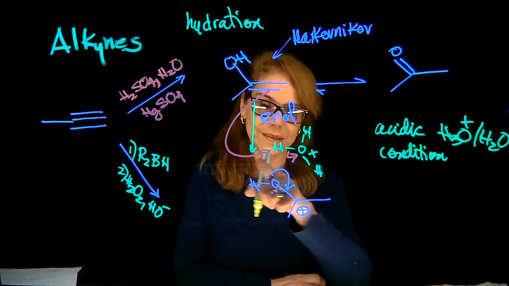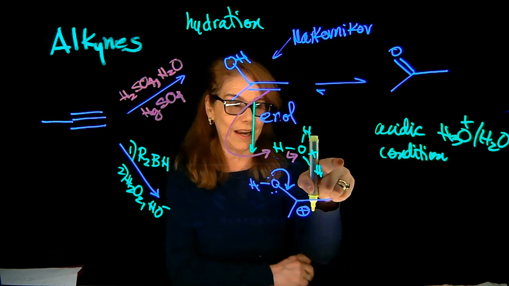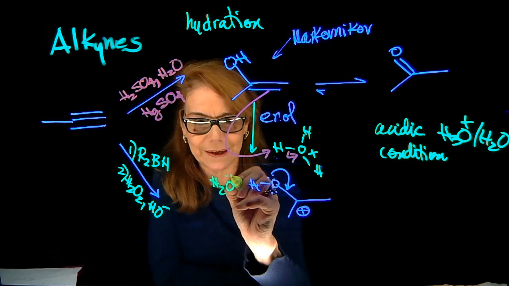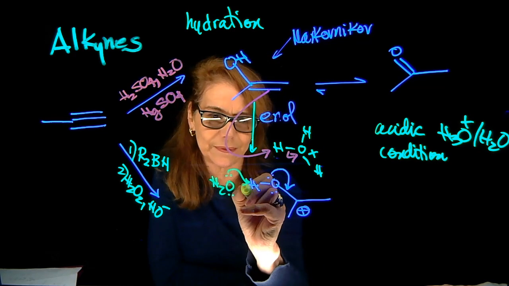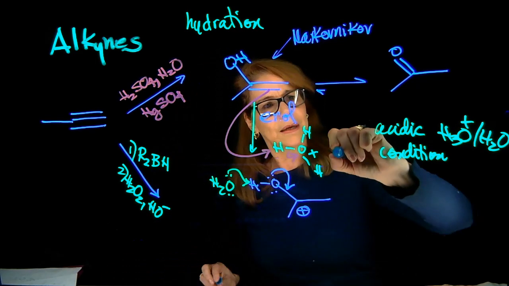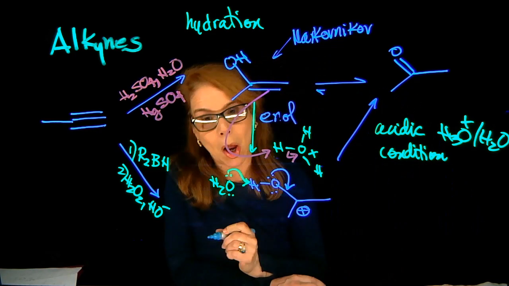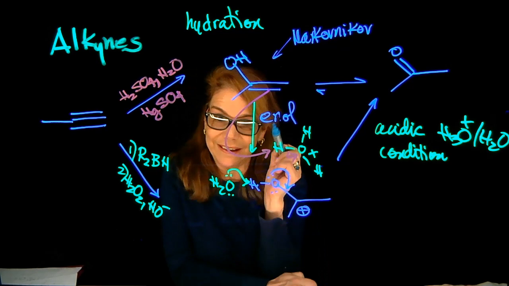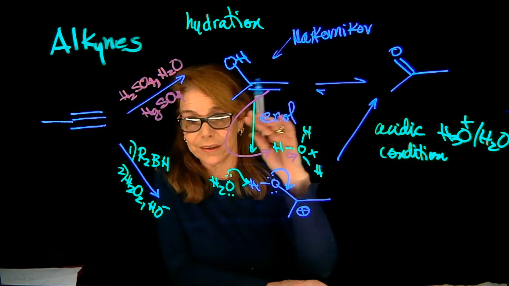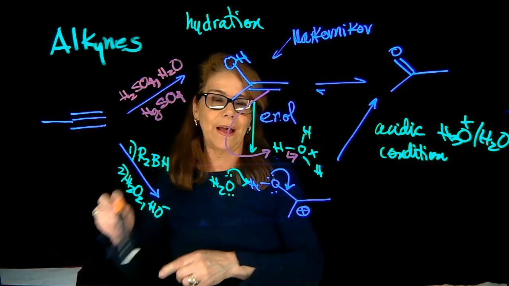The first step was a proton transfer from the enol using the hydronium as your base, but here water will be acting as base in another capacity, getting that product, and here you will form your ketone. That's the product, and the enol is your intermediate. It's probably easy if you remember that the regioselectivity is similar to Markovnikov, so H here, OH here, you form this enol, and that is your intermediate.